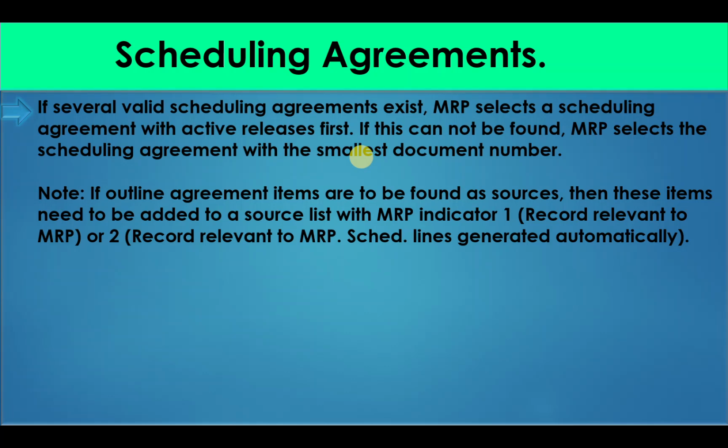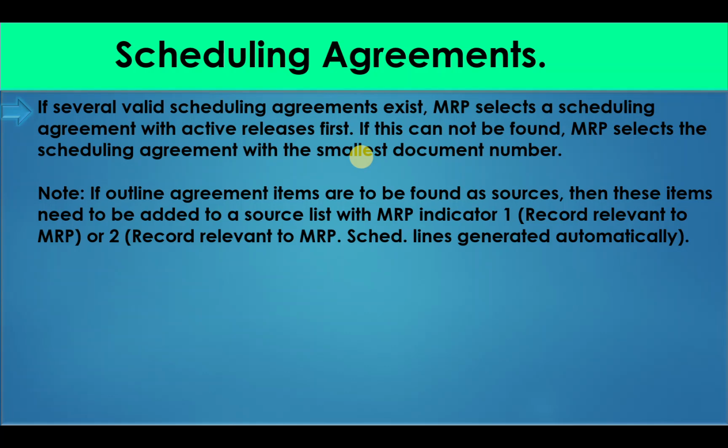Again, if several valid scheduling agreements exist, MRP selects the scheduling agreement with the active release first, whichever scheduling agreement has a release first. If this cannot be found, then MRP selects the scheduling agreement with the smallest document number. Again, the number range plays an important role in case of multiple scheduling agreements with no release.